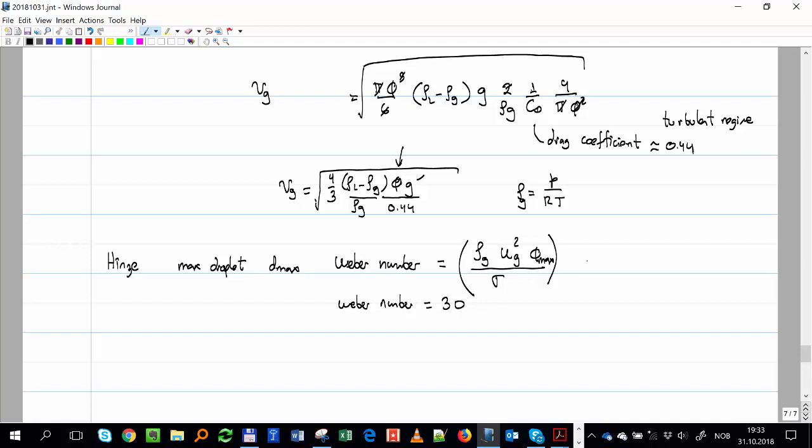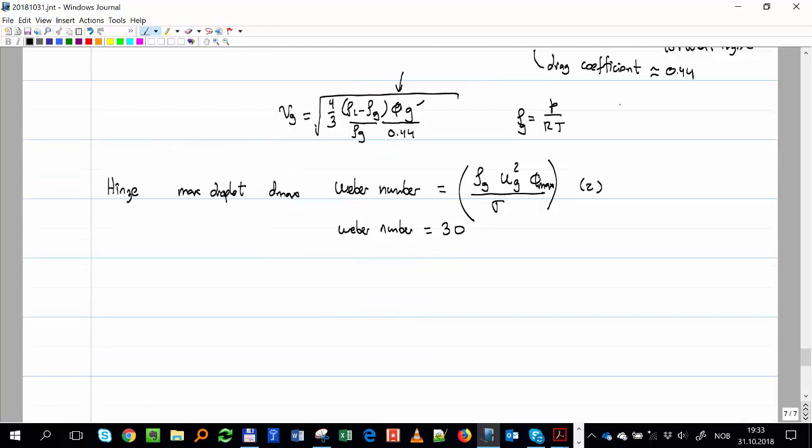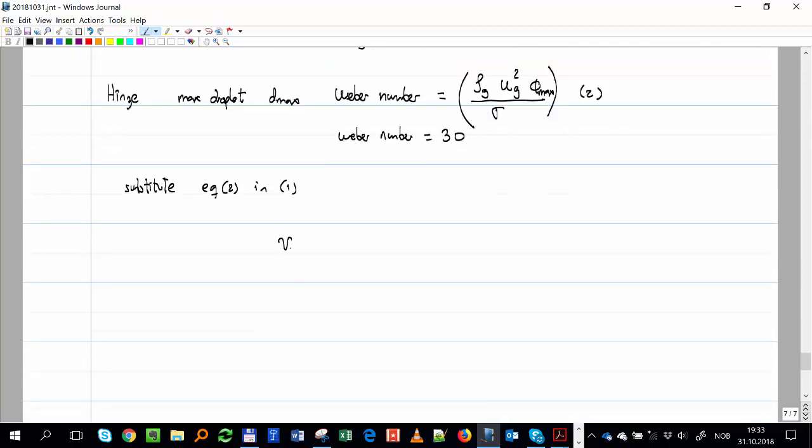Let's call this equation 2 and this equation 1. Then I substitute equation 2 in 1, and I end up with the famous critical velocity for liquid loading that looks something like that, with sigma, sorry, and 0.25 density of liquid.